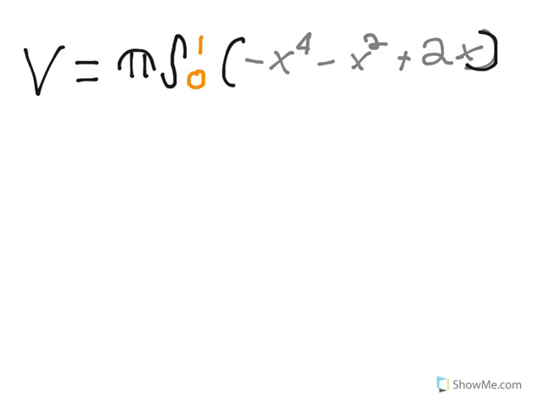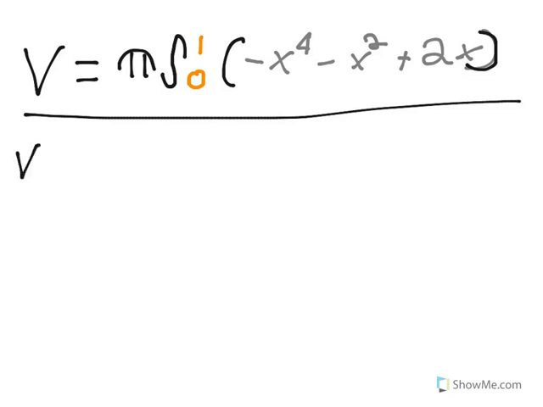And now I will take the integral of this equation, which would be v equals pi integrand. No, actually, it's no longer integrand, but you now use a line because I have already taken the integral of this formula.